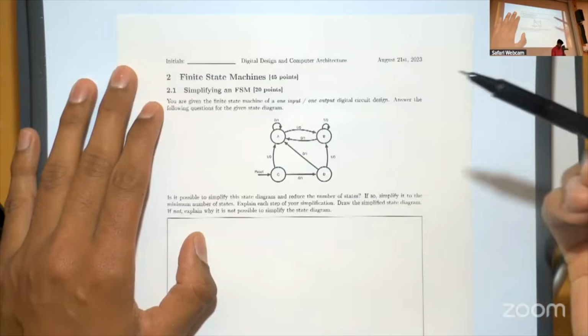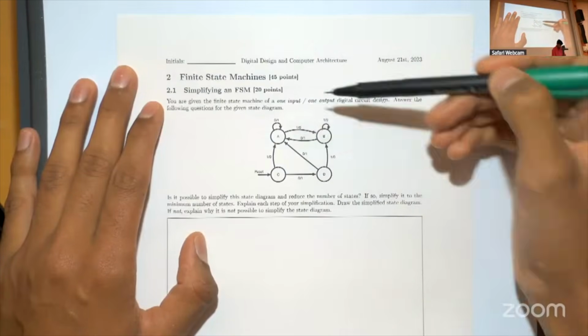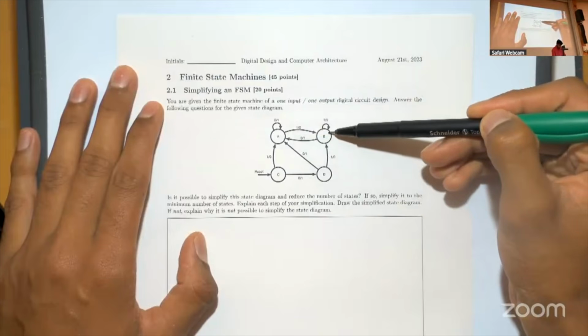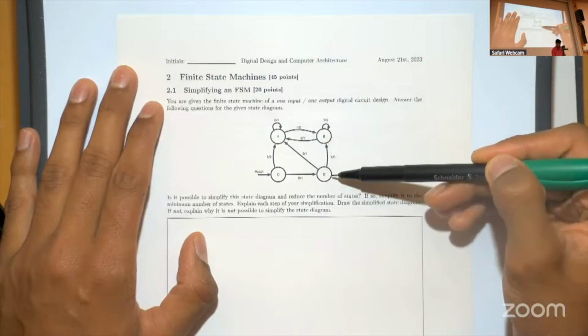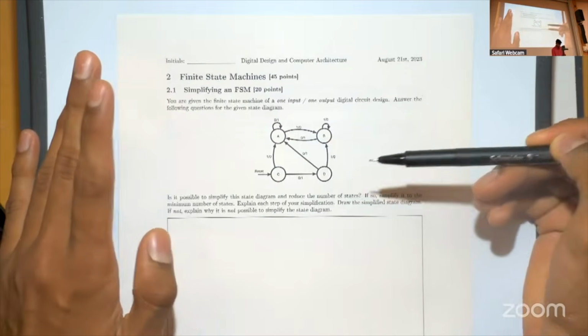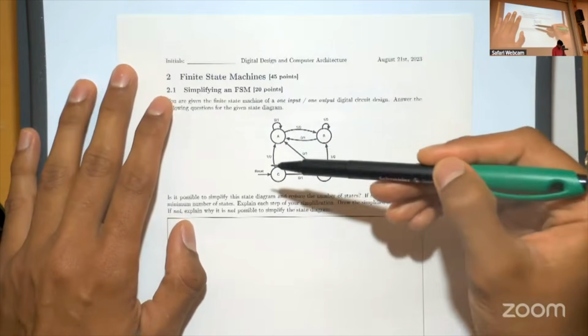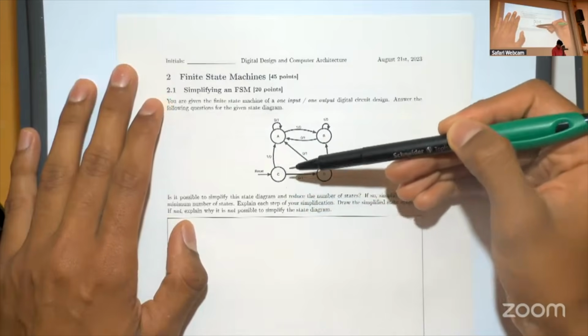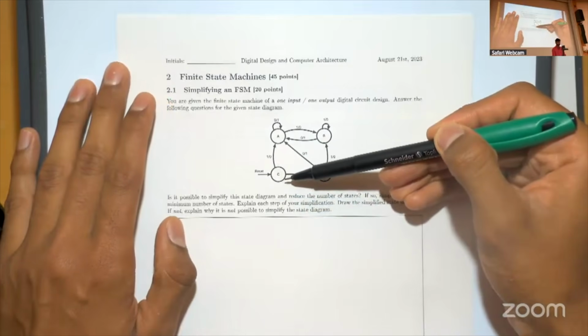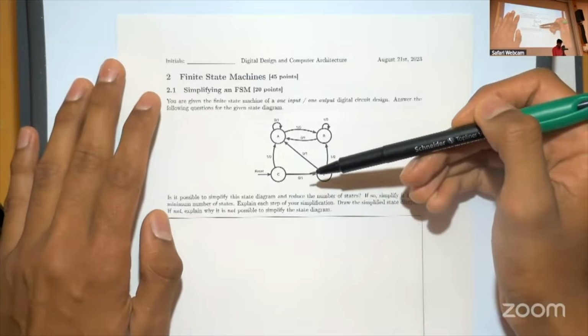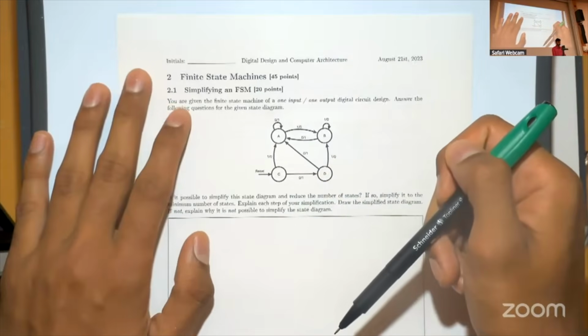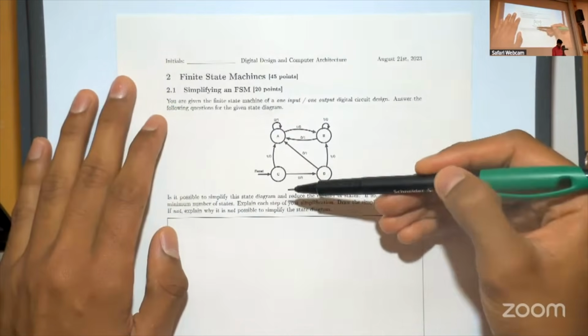This is the same for B. When you see 1, you output 0. When you see a 0, you output 1, and the same is also true for D. This is also true for C. So essentially, you can come down to a single state and perform this logic.